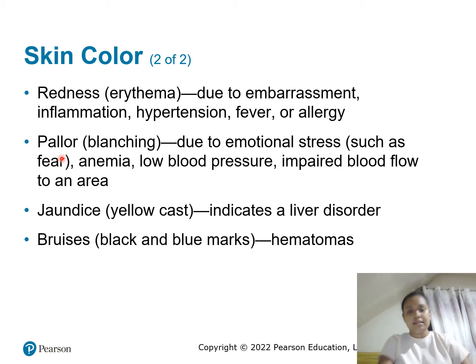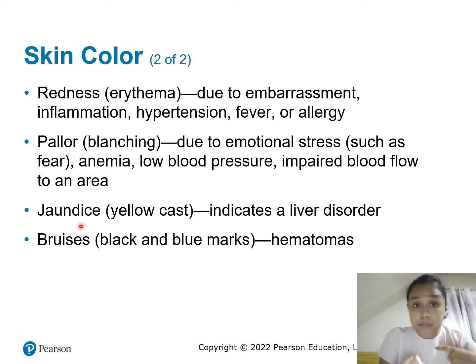Okay? Next. Jaundice. This is what I was saying earlier. There's yellow and then there's jaundice. Jaundice in Hiligaynon is dalag. Your color turns like curry. So with jaundice, usually there's a yellow cast on your skin.